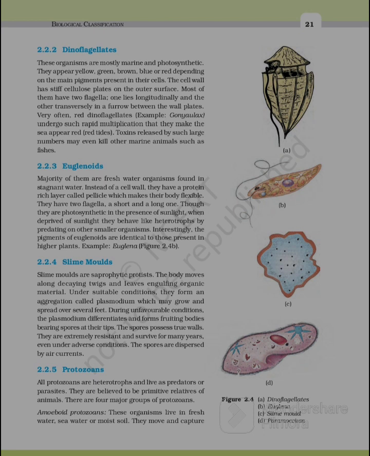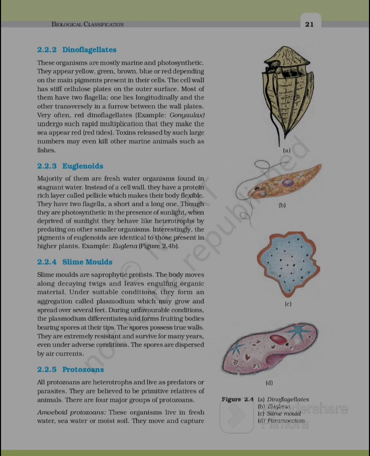Though they are photosynthetic in the presence of sunlight, when deprived of sunlight, they behave like heterotrophs by predating on other smaller organisms. Interestingly, the pigments of euglenoids are identical to those present in higher plants. Example, Euglena.